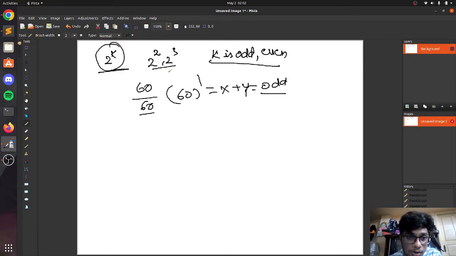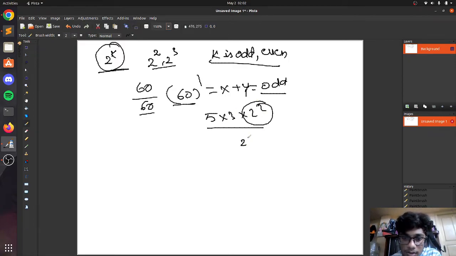So in 60, suppose take 5 into 3 into 2 square, right? And if you remove this 2 square in one way, because 2 plus 2 equals 4, then it converts into 5 into 3, 15 is odd, so plus 1. You can do it in two ways.